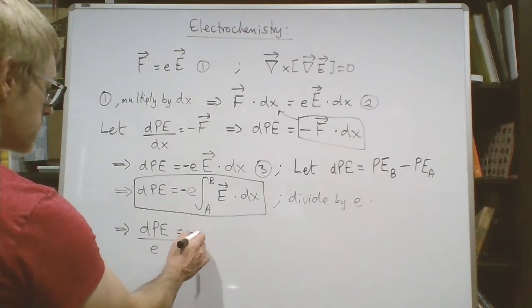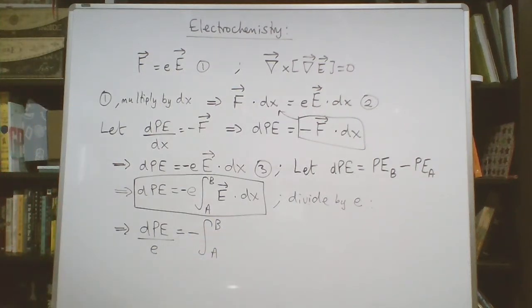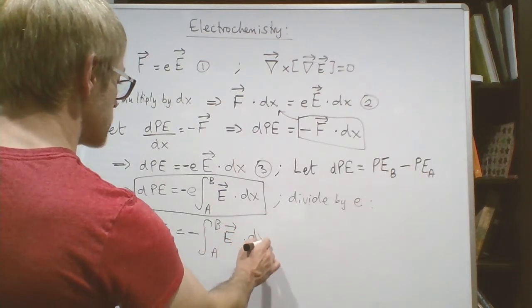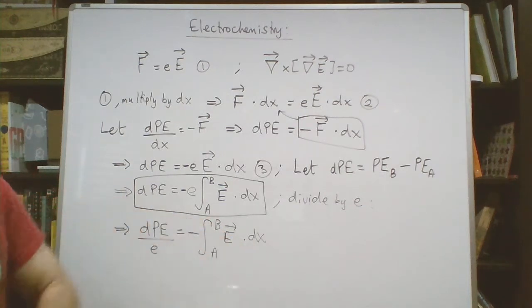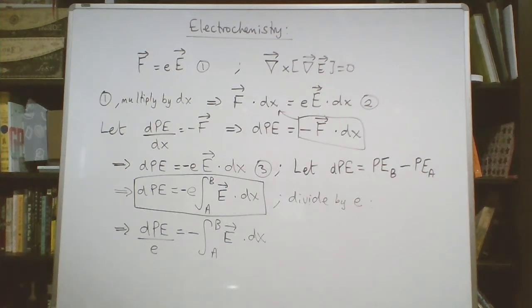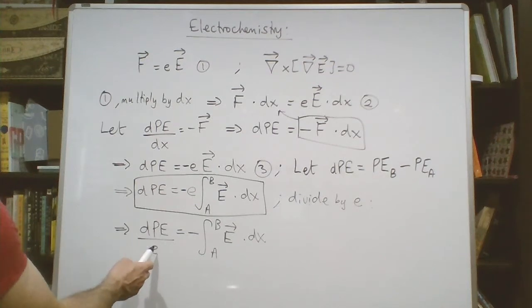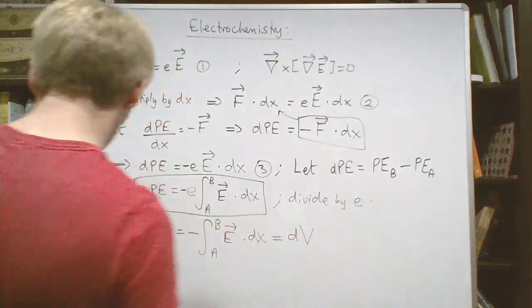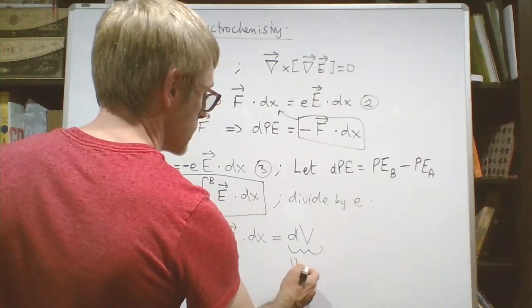I've still got the minus, I've still got the integral between final and initial locations. I've still got the electric field, and I've still got dx. I haven't actually done the math yet, but I've got the sum, that I'm going to sum over these differences here in the electric field. But by phrasing it this way, the ratio of the change in potential energy per unit charge, this by definition is dV, which means a voltage difference.